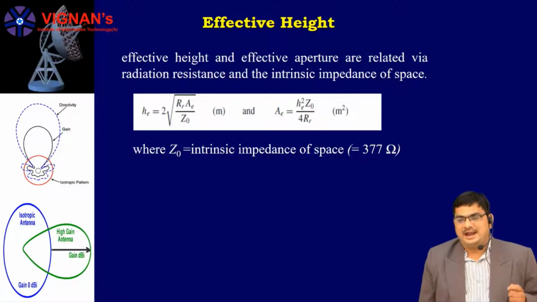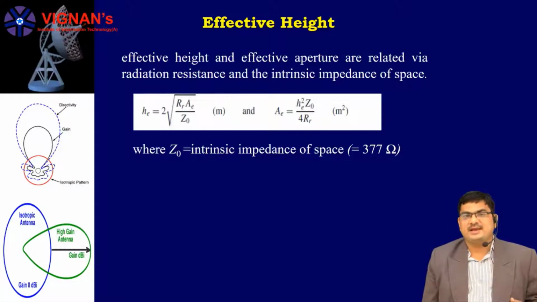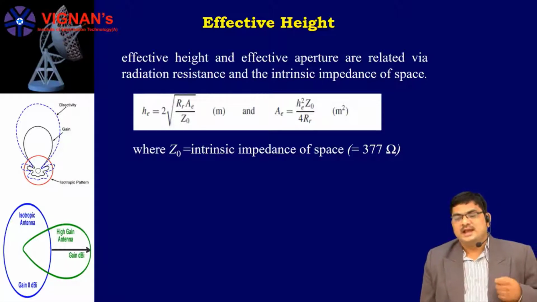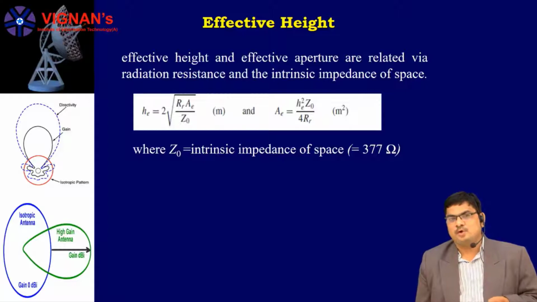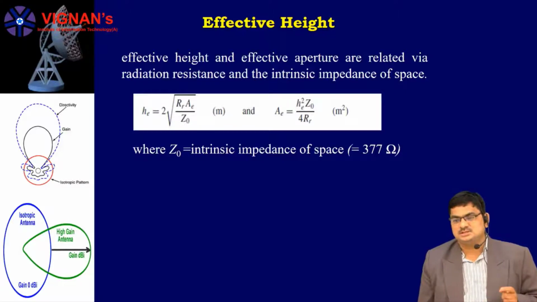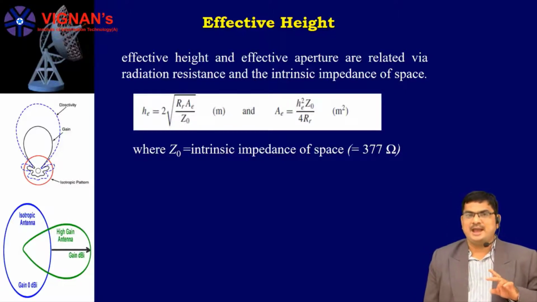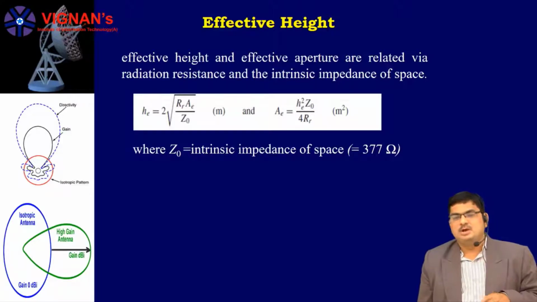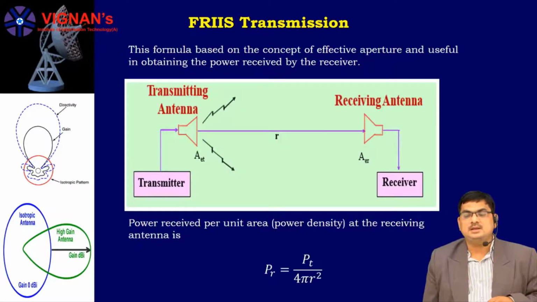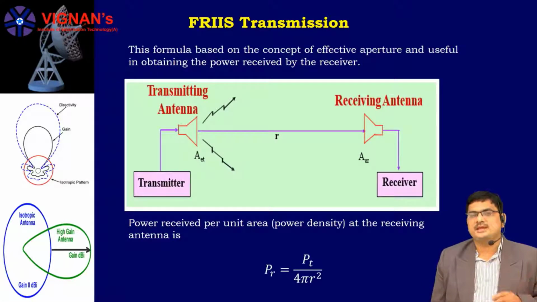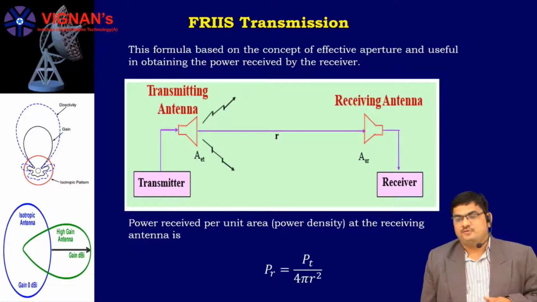And AE, that is effective aperture, is equal to H square into Z0 by 4 pi r. So this is the formula of your effective height and effective aperture with relevance to radiation resistance and the intrinsic impedance. And the last topic is the Friis transmission formula.